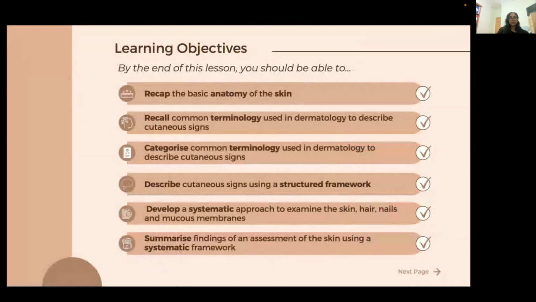Okay, so in conclusion, we've spoken a bit about the anatomy of the skin. We've spoken about common terminology that we use to describe cutaneous signs. And we've gone through a framework of how I would typically structure that. We can use that in an S-bar scenario or just when documenting what we found after examining a patient.